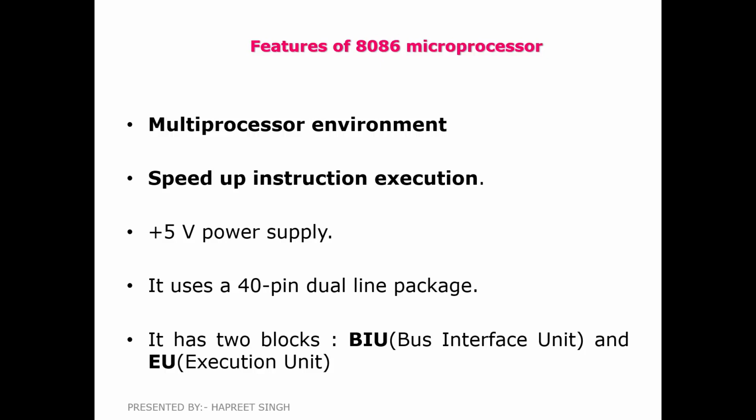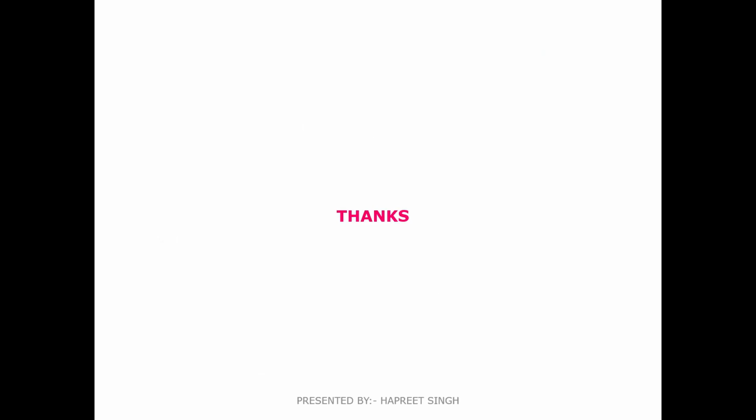It is divided into 2 blocks to implement the concept of pipelining. That we will discuss in the next lecture, that is the block diagram, or we can say the architecture, of the 8086 microprocessor. Thanks for watching.